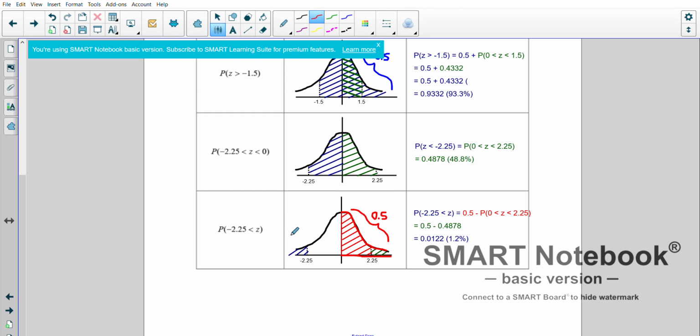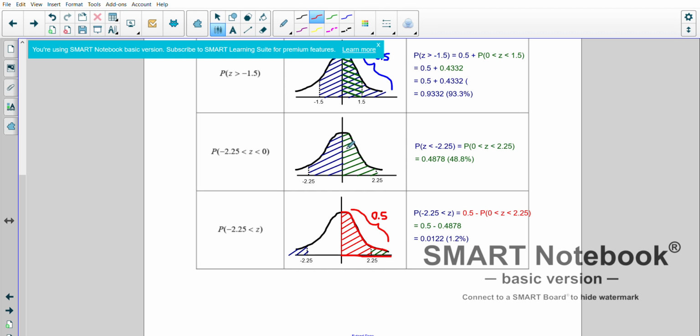What is the probability that z is greater than negative 2.25, less than 0? So this is just straight symmetry. I needed the blue, so I flipped it to the positive z-score symmetrically. I want to find the probability between 0 is less than z is less than 2.25 positive.